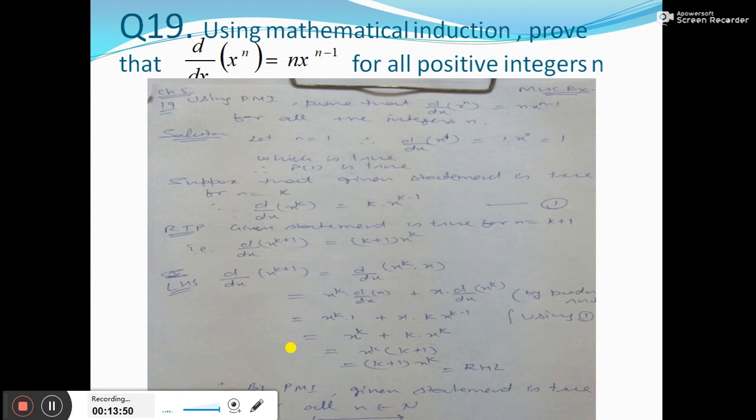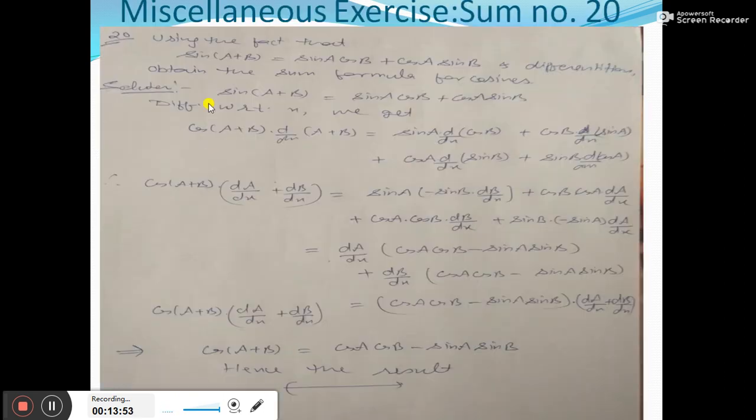Next question, by mathematical induction. Using the fact that sine of A plus B is equal to sine A into cos B plus cos A into sine B, and differentiation, obtain the sum formula for cosine.